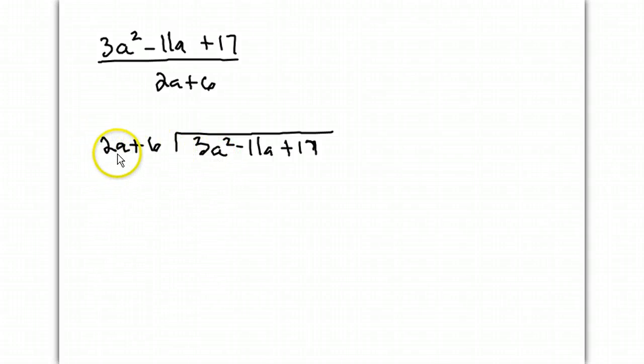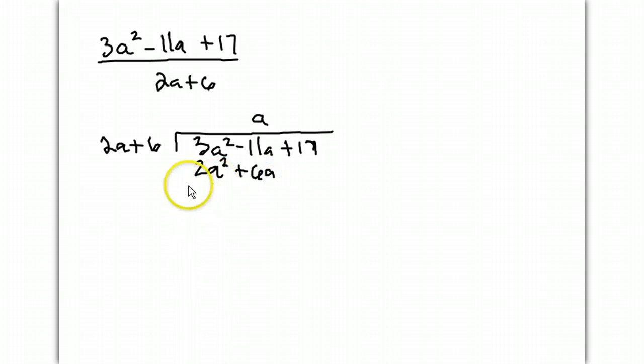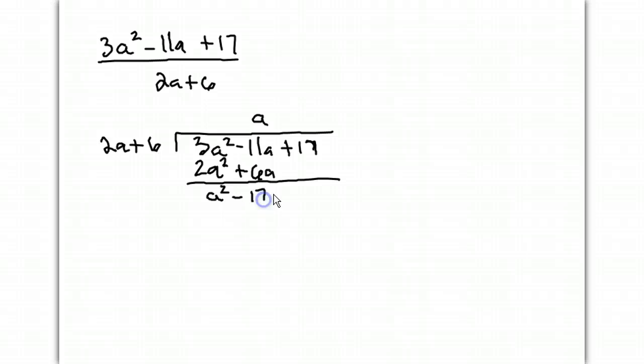Well, if you multiply 2a by an a, that will give you 2a squared plus 6a. And then you subtract. So 3a squared minus 2a squared is just an a squared. And negative 11a plus minus 6a will give us a minus 17a.